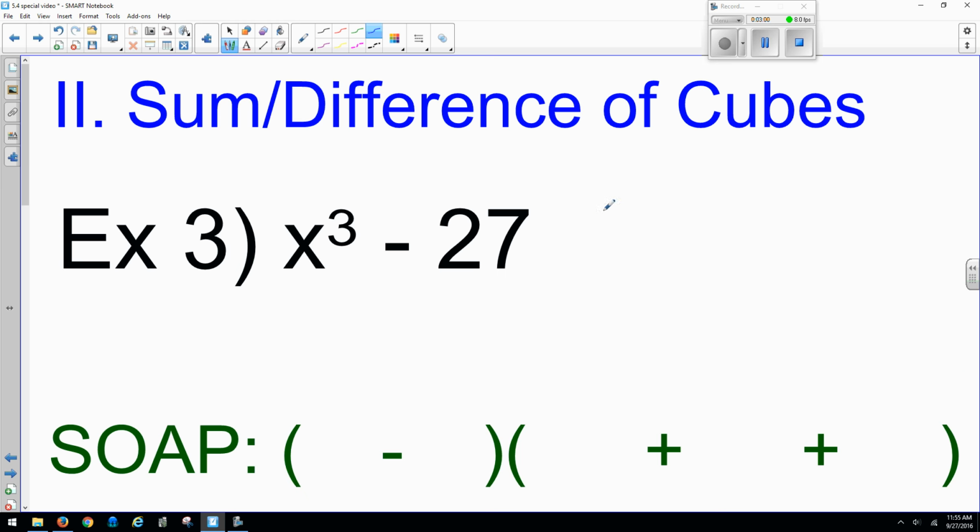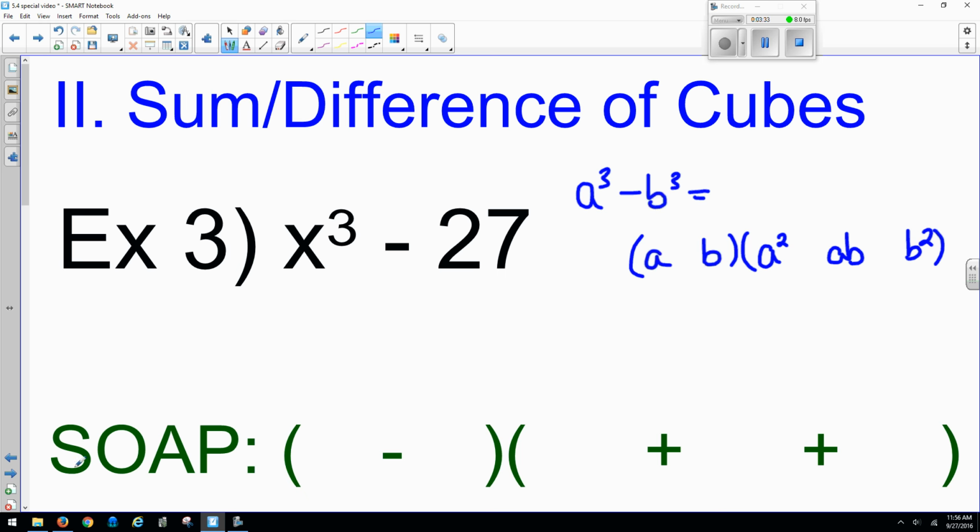So this is in the form of a cubed minus b cubed. And this one is with the difference, but we can also have the sum as well. And so the rule for this is, okay, we're just going to put a squared, b squared over here, and ab in the middle.